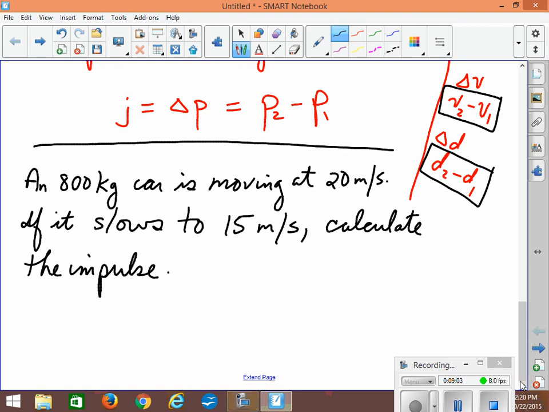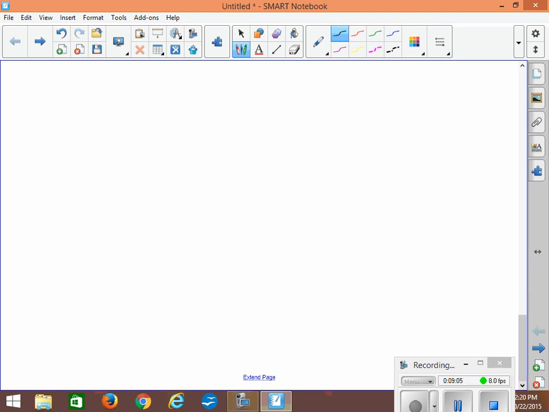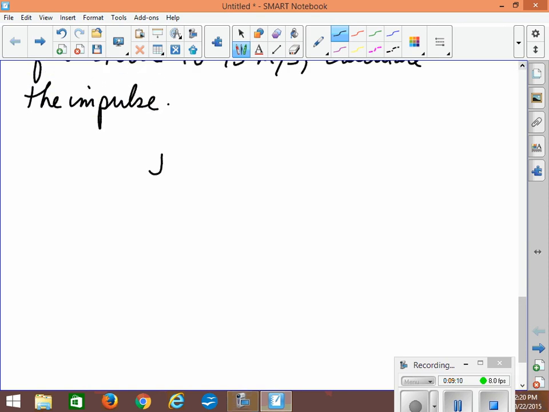Impulse. All right. So impulse is equal to the change in momentum, which is momentum 2 take away momentum 1. Now remember that momentum is mass times velocity. So momentum 2 would be the mass times velocity 2, and momentum 1 mass times velocity 1.